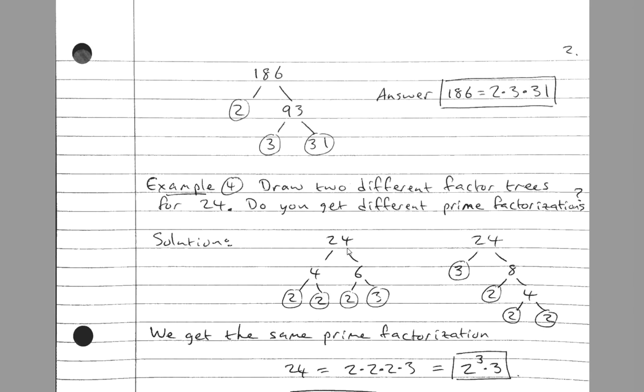Okay, starting with 24, you could make this factor tree. 4 times 6 is 24. And then 4 breaks down into 2 times 2, 6 is 2 times 3. And that's the best you can do. So circle these numbers at the bottom. 24 is 2 times 2 times 2 times 3.